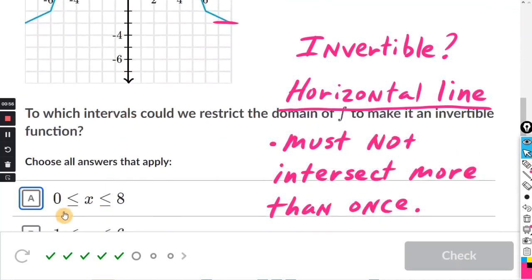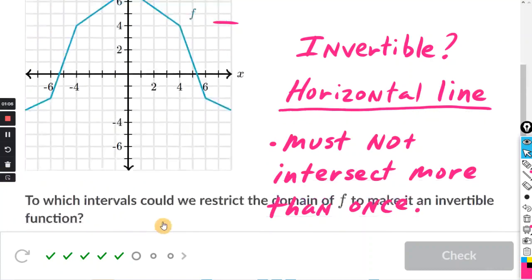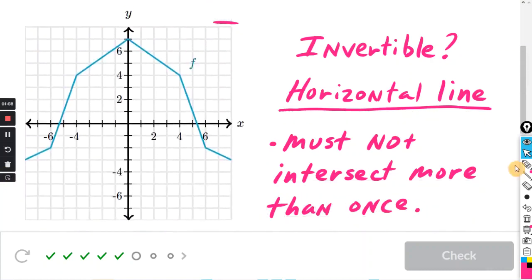Here we are restricting x between 8 and 0. This has the bar underneath the inequality, so it includes the 8 and it includes the 0. Go to your x-axis: 6, 7, 8 is right here, and 0 is right here.